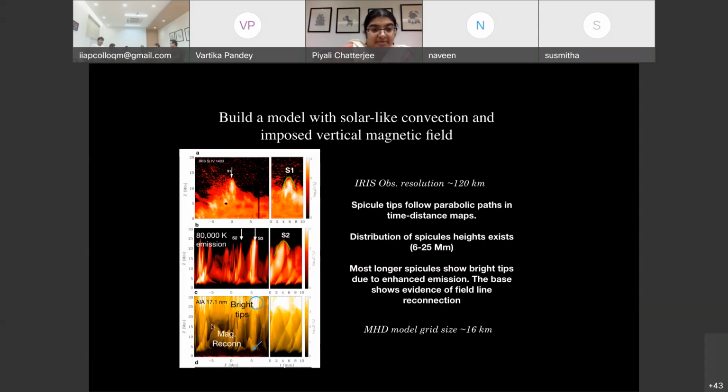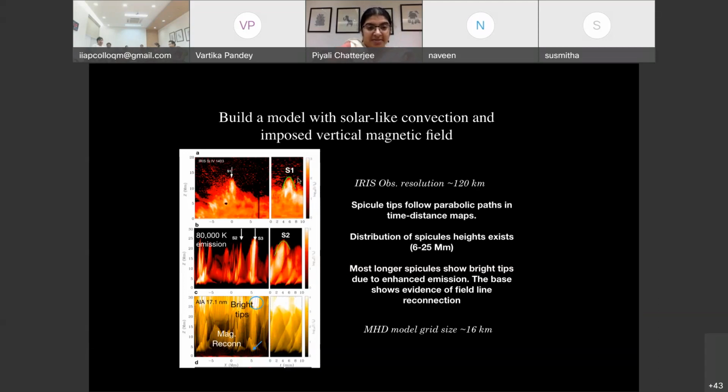And the lowest panel is the EUV 17.1 nanometer emission, which corresponds to plasma at about a million Kelvin, from our simulations. So here you can see these spicules which are forming, and they are able to reach more than 20 megameters height.